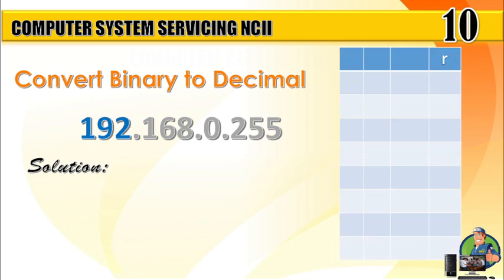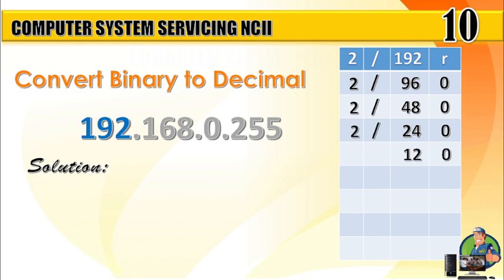For example, 192 divided by 2 is 96 with a remainder of 0. 96 divided by 2 is 48 with a remainder of 0. 48 divided by 2 is 24 with a remainder of 0. 24 divided by 2 is 12 with a remainder of 0. 12 divided by 2 is 6 with a remainder of 0. 6 divided by 2 is 3 with a remainder of 0. 3 divided by 2 is 1 with a remainder of 1. 1 divided by 2 is 0 with a remainder of 1.